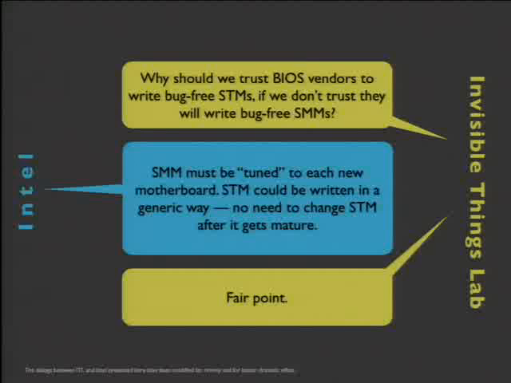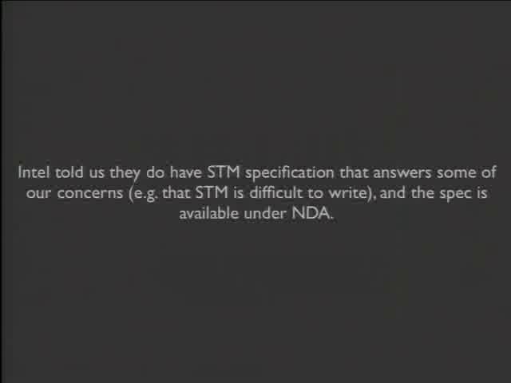Intel told us they do have an STM specification that, for example, covers the VMM to STM protocol and also exactly specifies how to write it, but it's available only under NDA, because it's still under development. They offered us a chance to read the STM specification, but they required signing an NDA, and we refused, because we would rather not tie our hands with an NDA. We would rather wait for an STM to appear on the market and just try to break it, right?